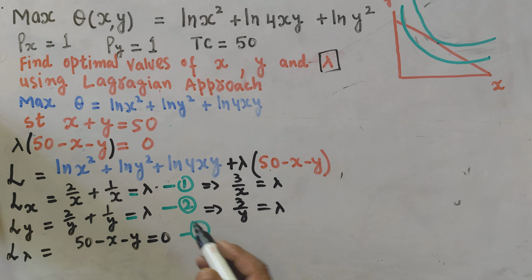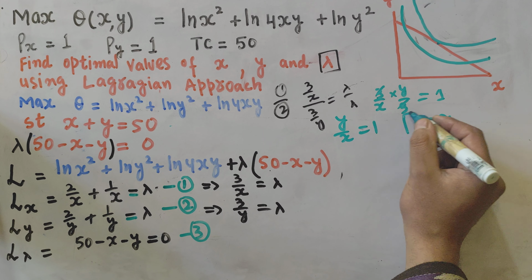We get 3 upon x divided by 3 upon y is equal to lambda upon lambda, so lambda goes. So we get 3 upon x, transpose it to the numerator, it gets multiplied but reciprocated, so we get y upon 3, 3 and 3 cancel, is equal to 1, so we get y upon x is equal to 1, which implies y is equal to x.